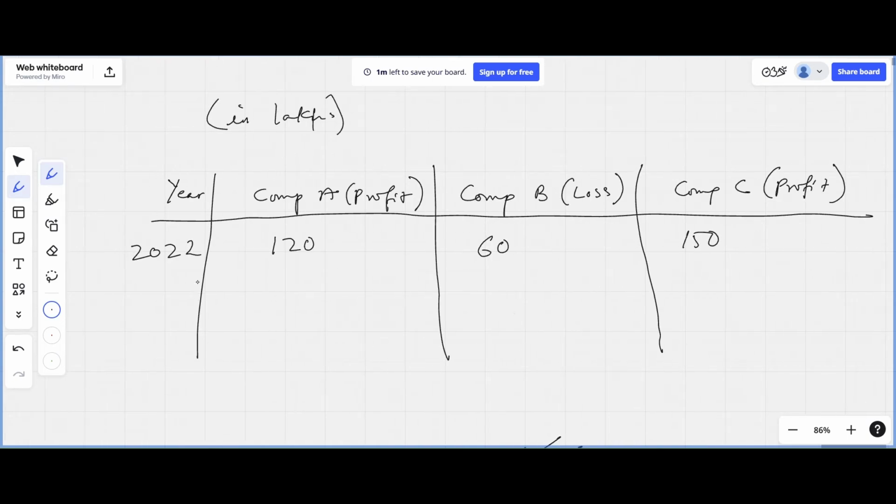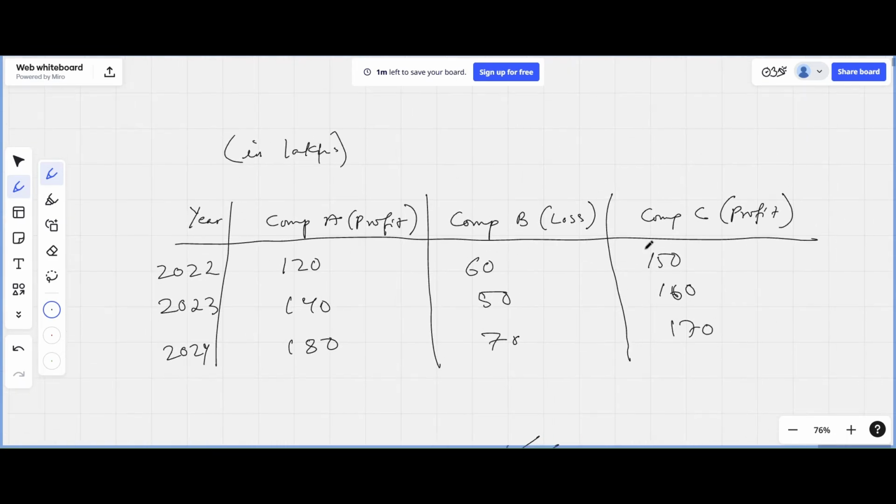And in 2023, company A has 140 lakh profit, 50 lakh loss, and 160 lakh profit. In 2024, 170 lakh profit, 70 lakh loss, 180 lakh profit. So this is the chart.